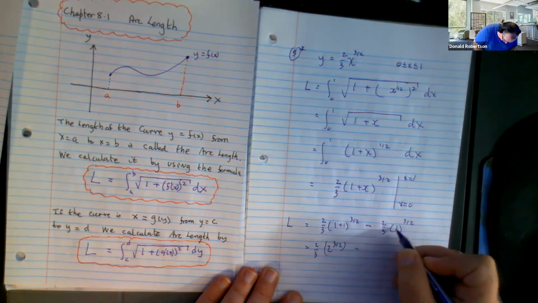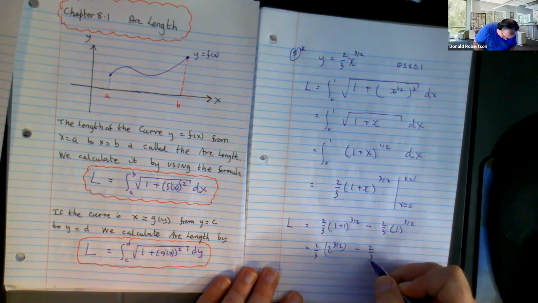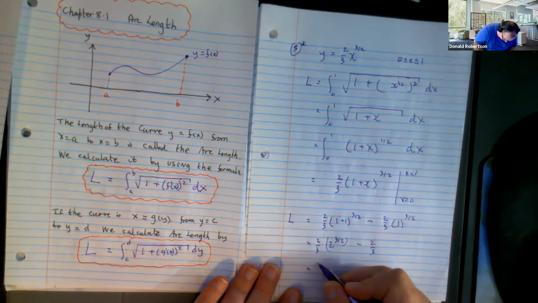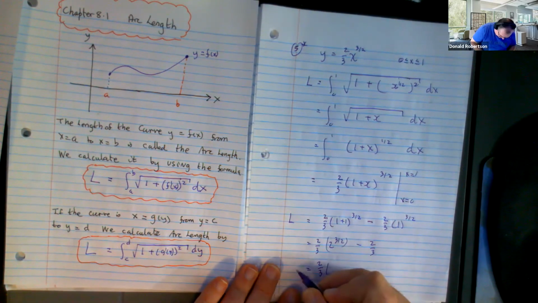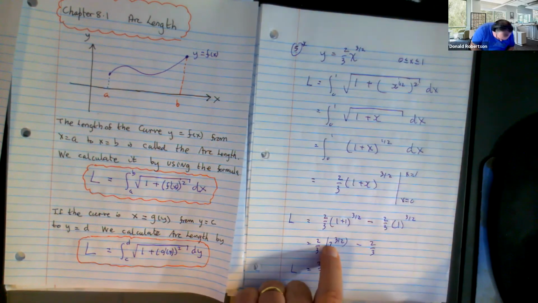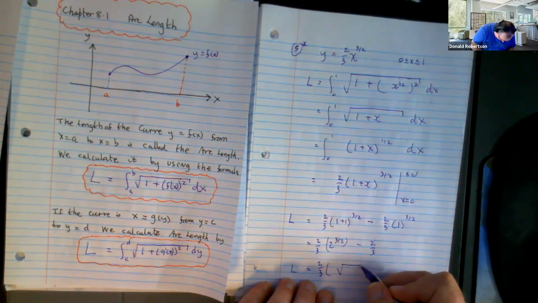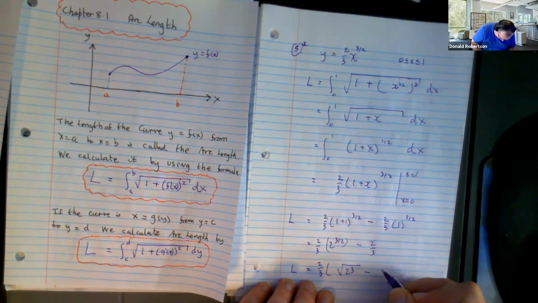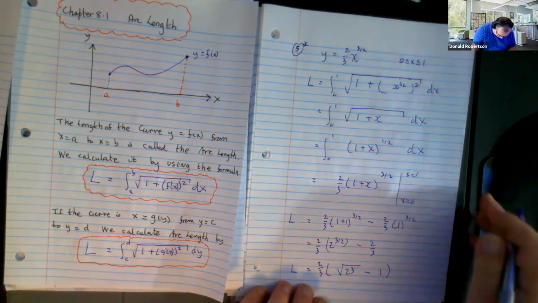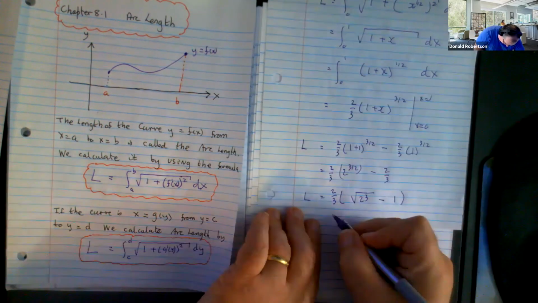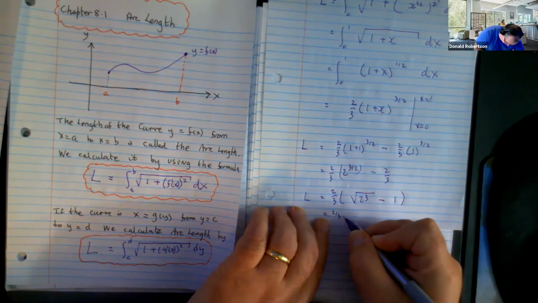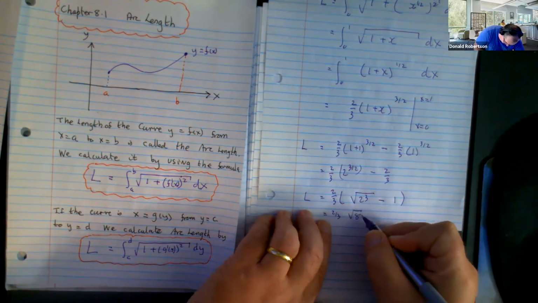And that's just 1, so that's 2/3. I'm going to pull out the 2/3, and I'm going to make that guy the square root of 2 cubed, and that guy 1. So what we end up with is 2/3 square root of 8 minus 1.